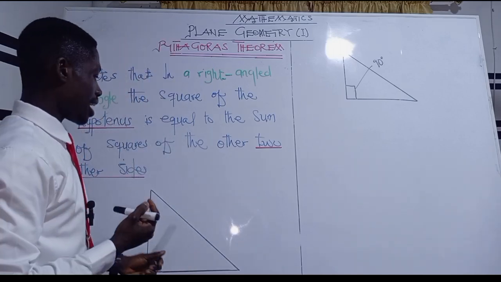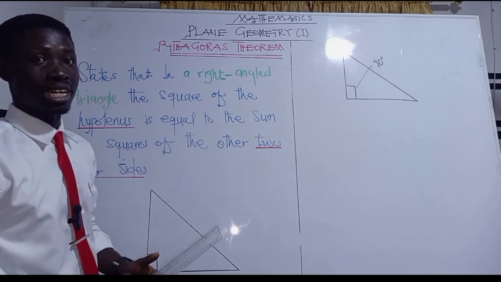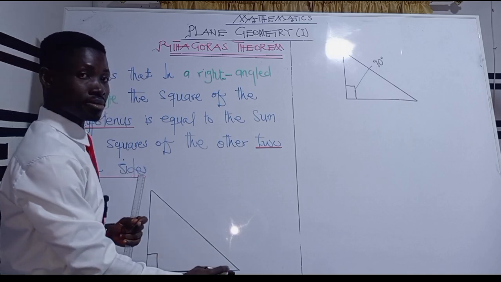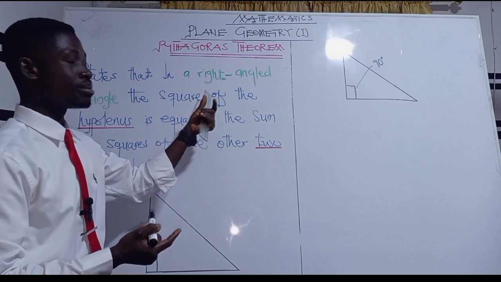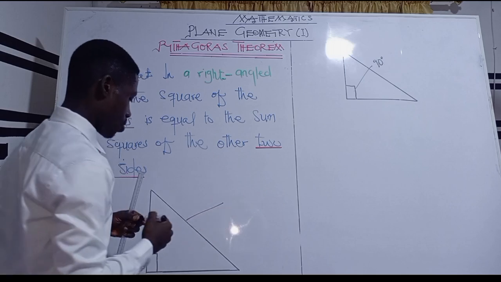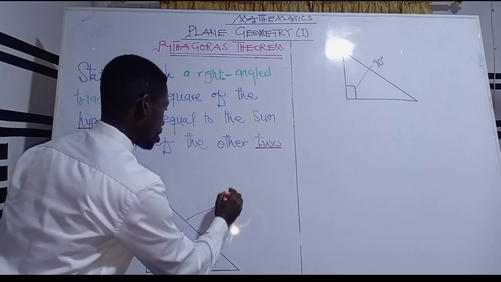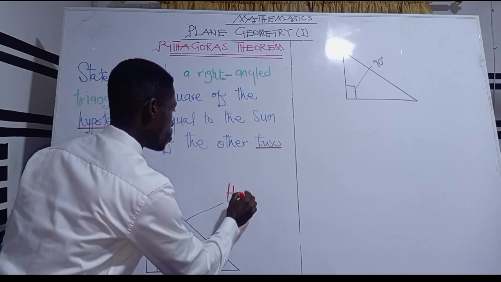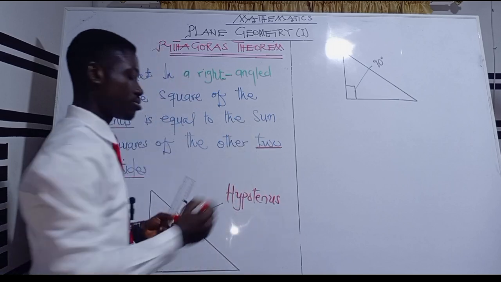So this is our right-angled triangle. Now, in a right-angled triangle, the longest side is called the hypotenuse, as described in the theorem. So the longest side here is called the hypotenuse. Hypotenuse.